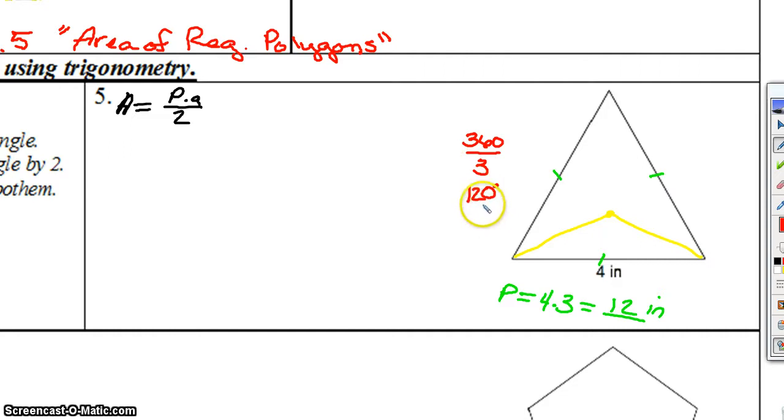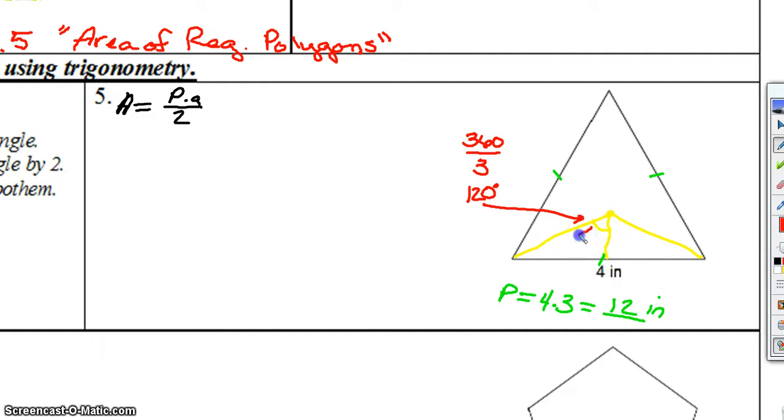And if that's 120, then if I were to draw a right triangle straight down, what's the measure of this angle? Well, if it's 120 for the whole thing, this is half the triangle, so this would be 60 degrees.